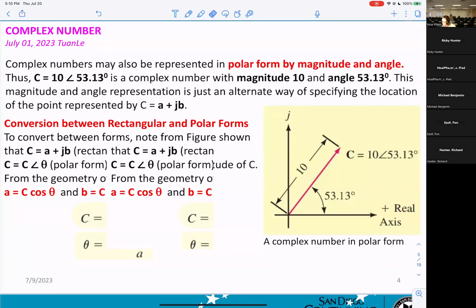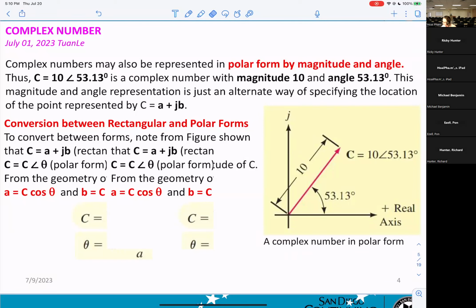So now we talk about the conversion between rectangular and polar form. You convert between the forms. C equals A plus JB.